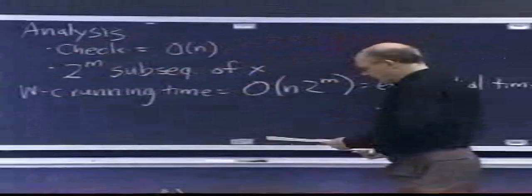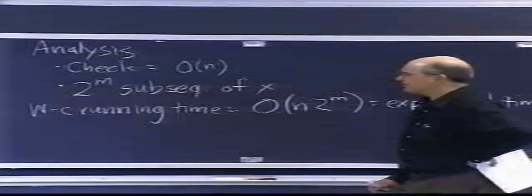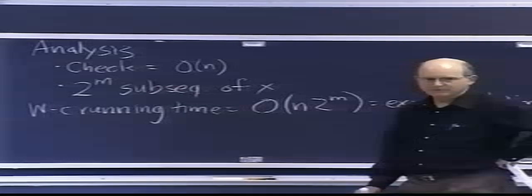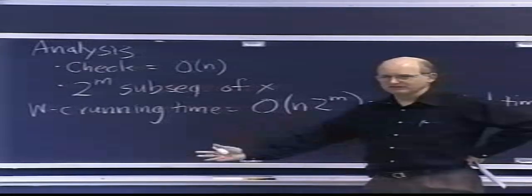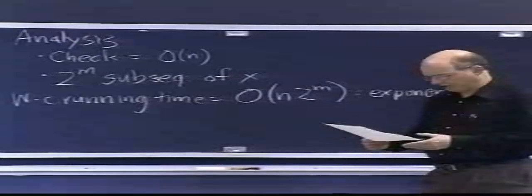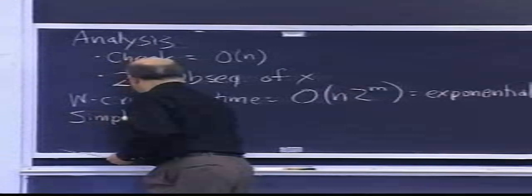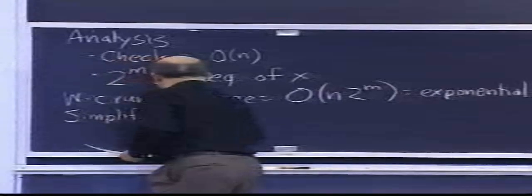Okay, so the way we're going to do this is we're first going to understand the problem a little bit more, prove a theorem, and then use our theorem to develop a better algorithm. We'll come up with some other algorithms along the way. So the first thing I want to do is a simplification of the problem.